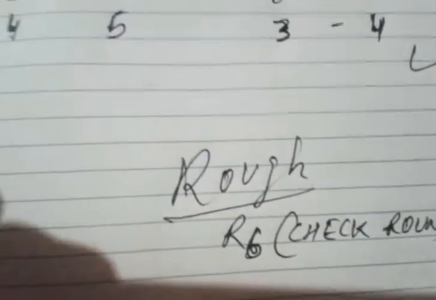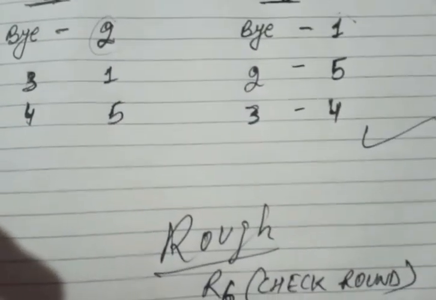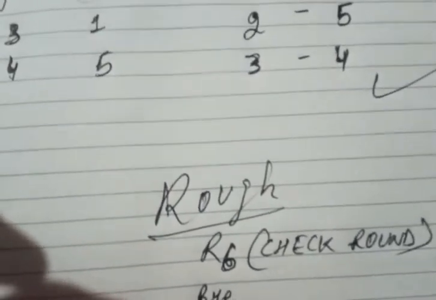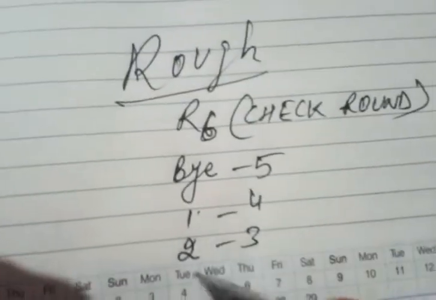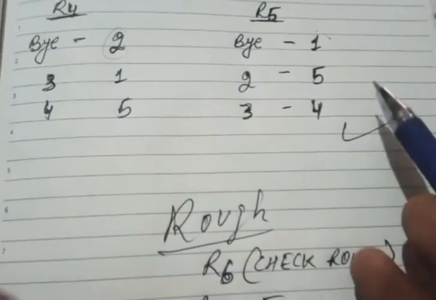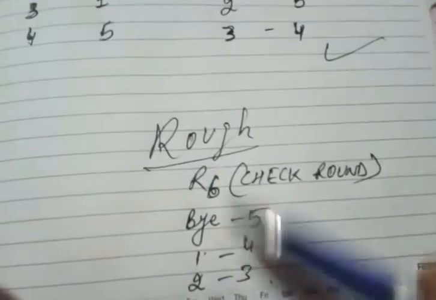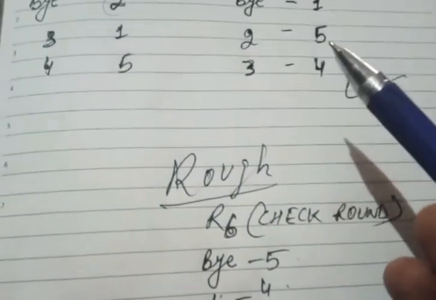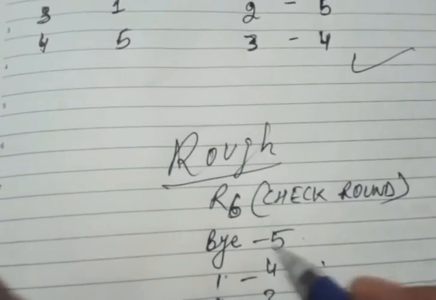You can check it by making a check round also. This you can make for your assurance whether you have made the fixture correctly or not, right? You can check your fixture here.